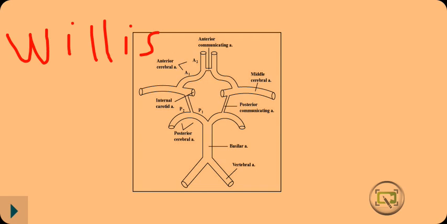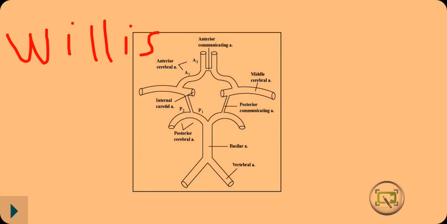Just a brief recap, because this video depends on a previous video that we had. In a previous video we talked about the branching of the aorta. I'll single out one important artery that we discussed, which is the internal carotid artery, which branches from the left common carotid artery, which branches from the arch of the thoracic aorta.